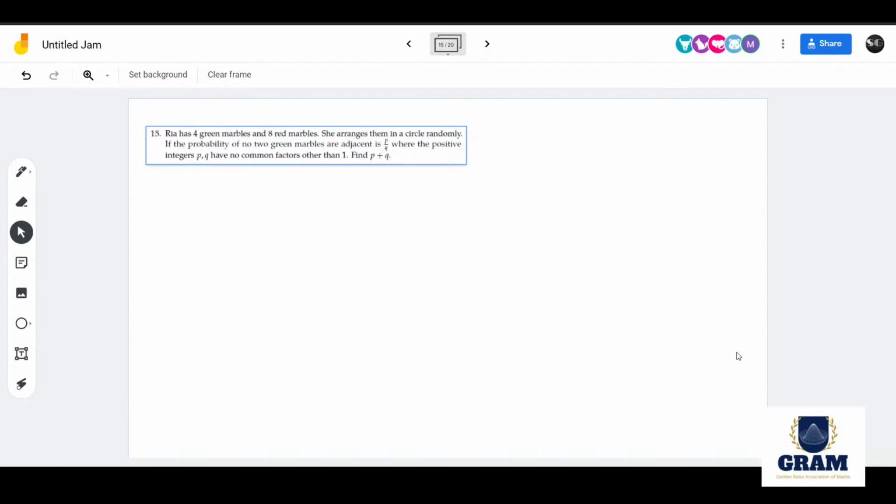So we have a counting problem here, probability but counting. So we have a circle. I think I can just fill up the gaps.